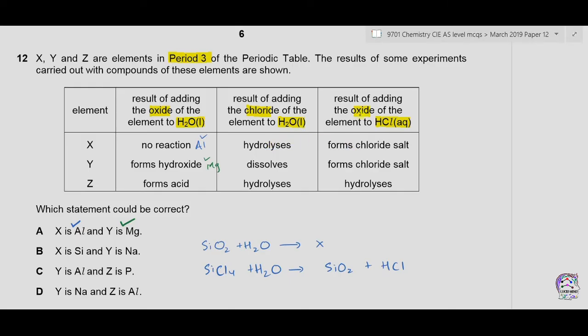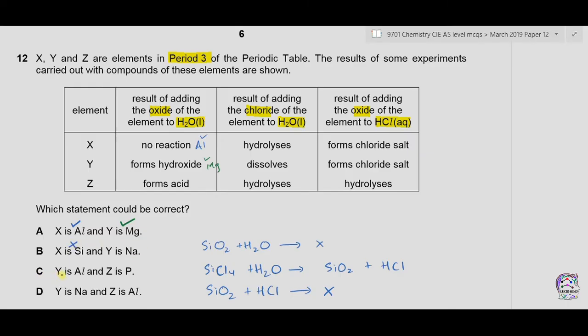Third is that the oxide of silicon reacts with HCl to form chloride. So silicon dioxide plus HCl, as silicon dioxide is acidic in nature and HCl is also acidic in nature, so the reaction will not occur. So therefore B is incorrect.